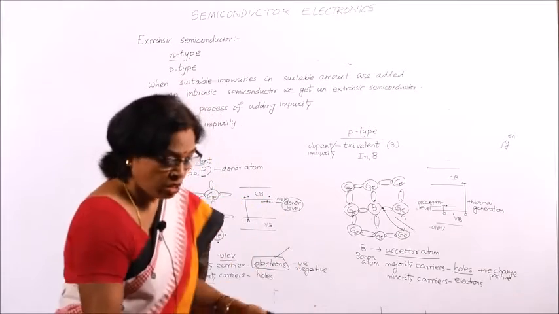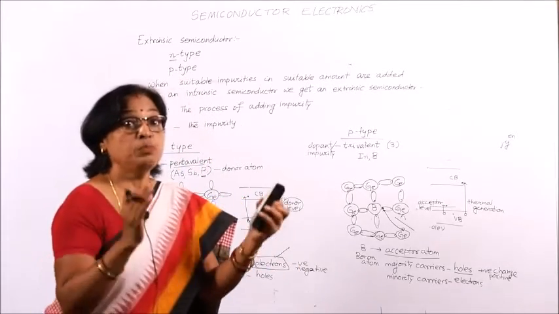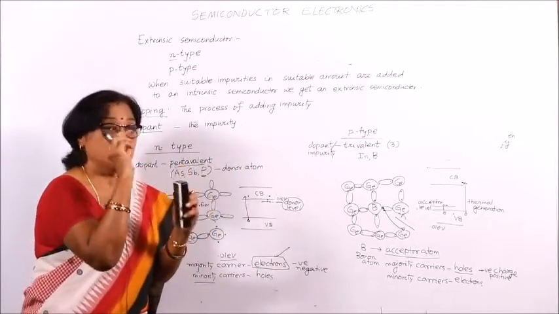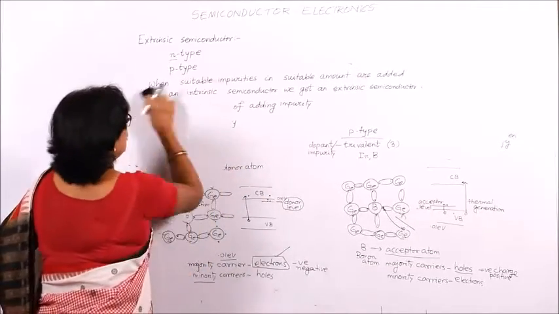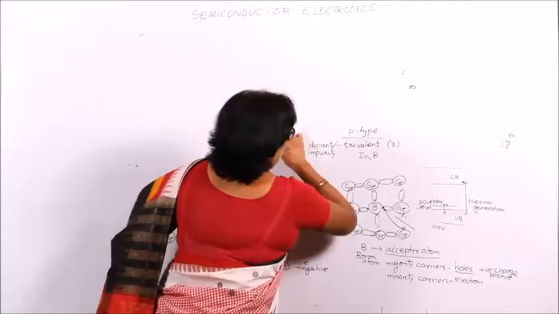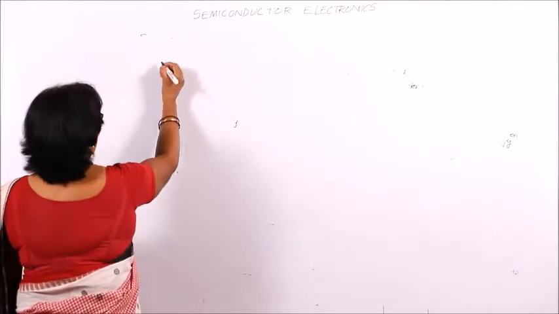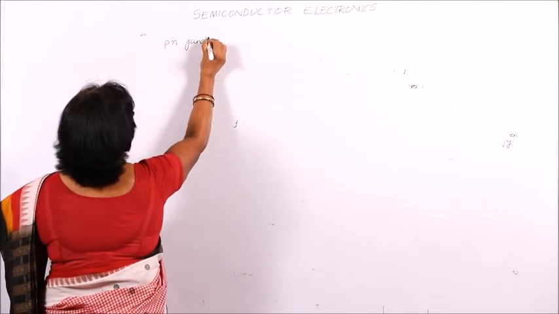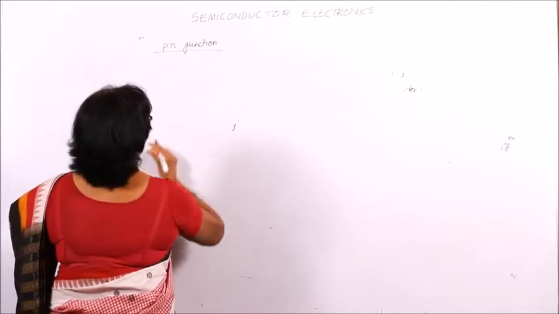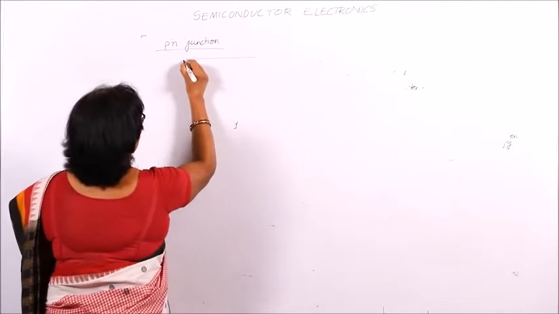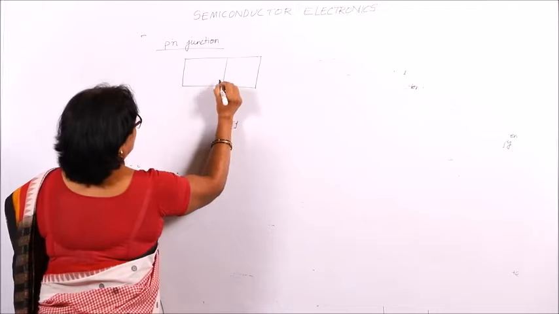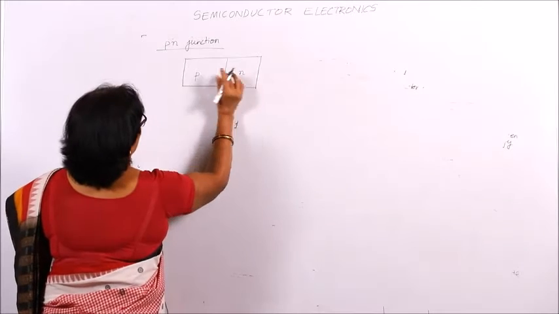So what happens when this p and n are together present in a single crystal? That gives us the p-n junction. So a single crystal in which one side is p, the other side is n.